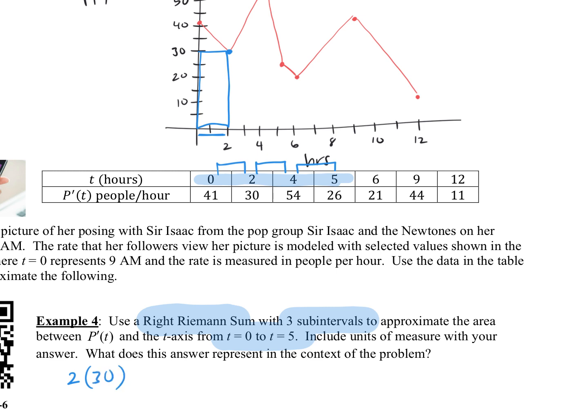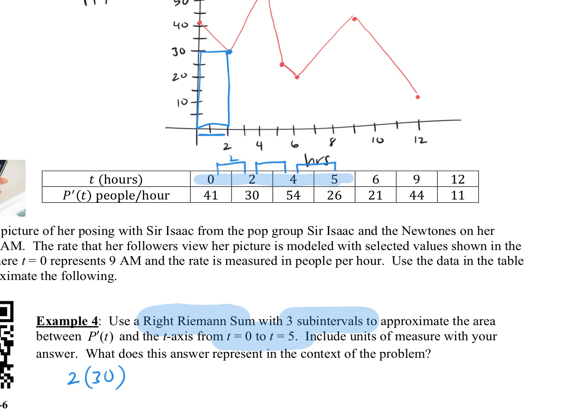If we look at our table, we're using this 2 because it's the difference here, and we're using this y value of 30 because it's the right-hand side, not the left-hand side. If I was doing the left-hand Riemann sum, I would have drawn my rectangle at the left endpoint and then over to make my rectangle.